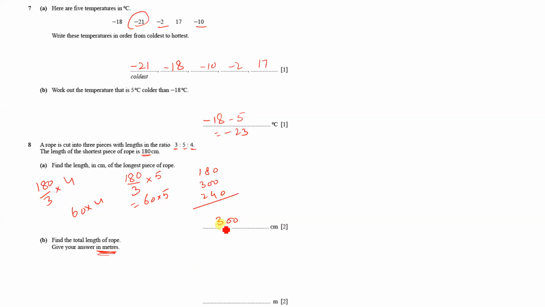So let's add all of these to find the total length of the rope, and that would be 720. So 720 centimeters. We have to convert it into meters, and that would be 720 divided by 100 meters, and this is 7.2 meters.